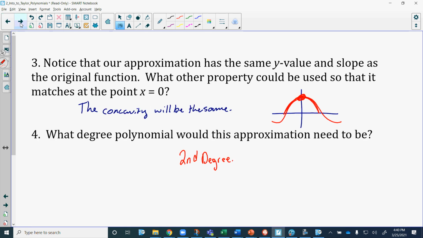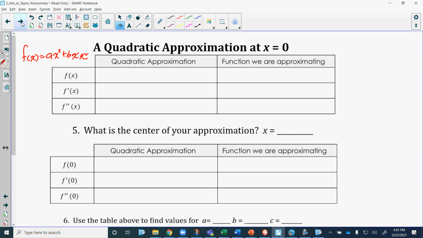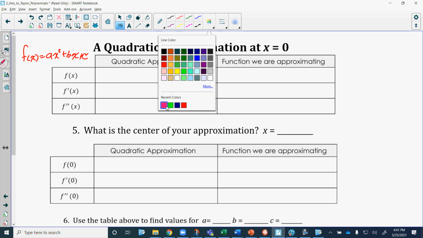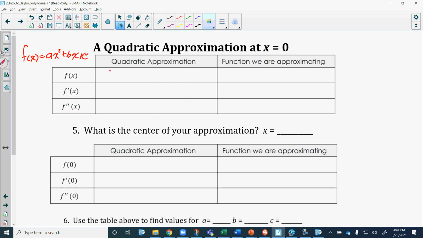So the way that I'm going to look at a quadratic with a Taylor polynomial, I'm going to say the function f of x would be a plus bx, where we get to a first degree, plus cx squared, where now I'm at a second degree. And the function that we're approximating, of course, was y is equal to cosine of x. So if I take the first derivative of the quadratic approximation, here I'm going to say f prime of x. In this case, the a goes away because the derivative of the constant is 0.